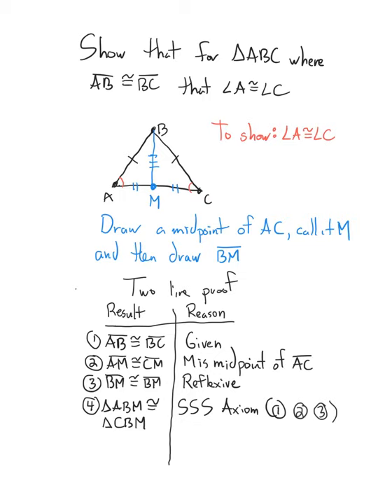All right, so now I have that these two triangles, ABM and CBM, are congruent. There they are again. And remember, once I know two triangles are congruent, I know every measure about them is congruent. Particularly, I know these corresponding angles, angle A and angle C, are congruent. So I'll write that down.